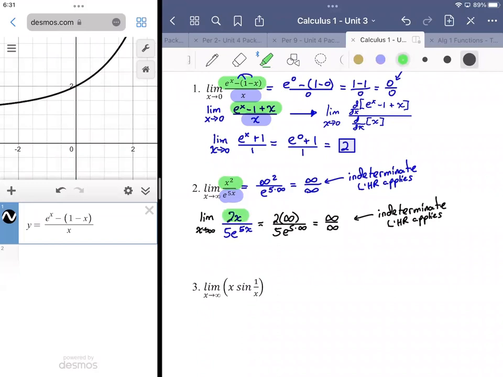The derivative of the top, derivative of the bottom. So on top, 2x goes to 2. On the bottom, 5e to the 5x. Derivative of e to the 5x is e to the 5x times 5. So we're going to get 25e to the 5x.